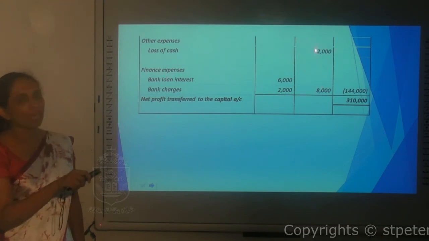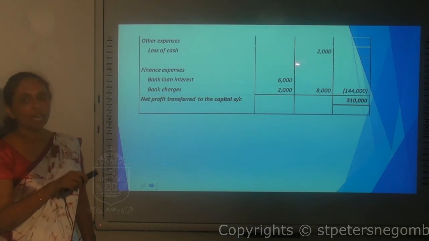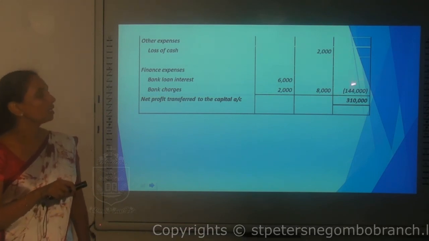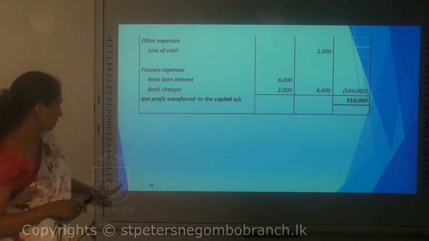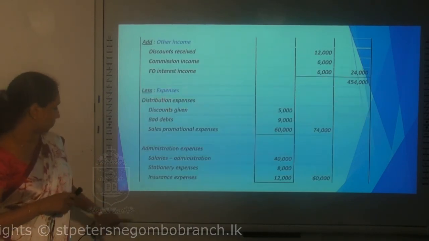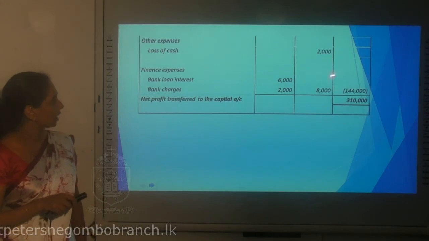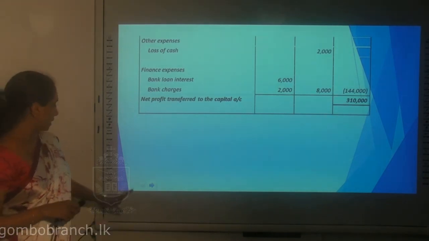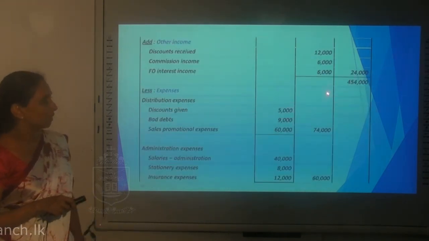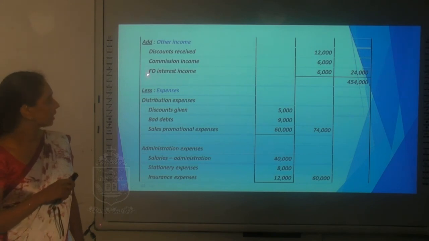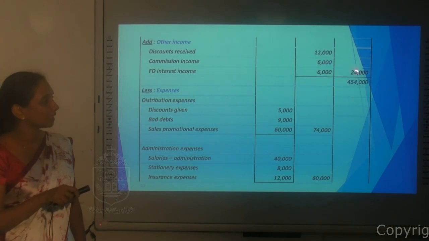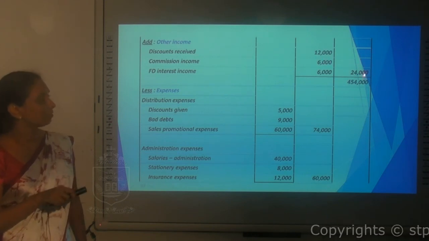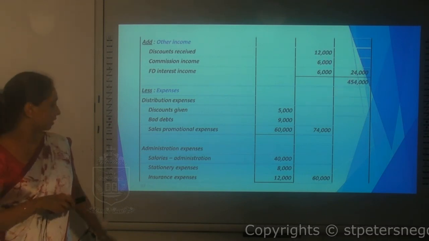Then you have to add all four together and take the total of all the expenses. So once you get that figure, we can deduct it from the total of gross profit and other income which we have arrived at here.